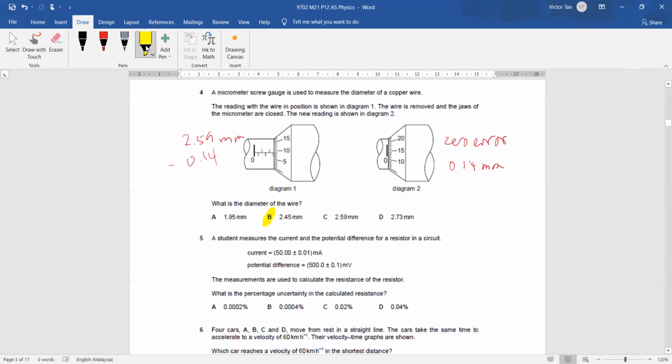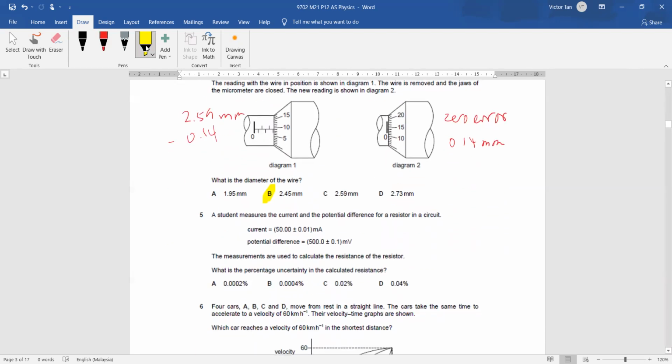The student measures the current and the potential difference for a resistor in a circuit. Current is 50 plus minus 0.01 milliampere. Potential difference is 500 plus minus 0.1 millivolt. The measurements are used to calculate the resistance of the resistor. What is the percentage uncertainty of the calculated resistance? So the resistance is voltage over current, so you add the percentage uncertainties.